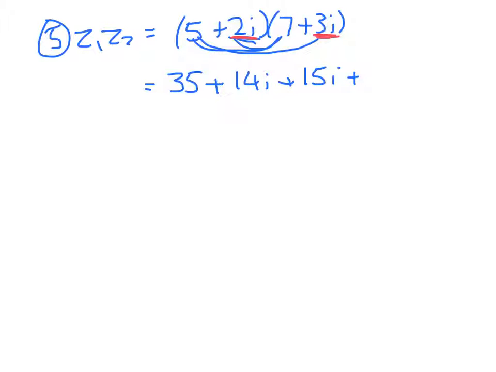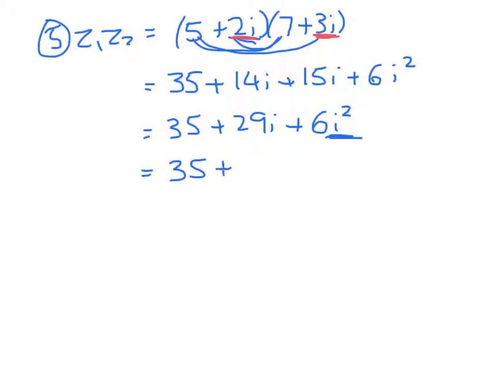So here comes the cool, slightly weird bit, 6i squared. Now we look at how we can simplify that. At first glance, you're going to see that you can go 35 plus 29i plus 6i squared. Right? But we're not done yet because i squared is negative 1. So that's really 35 plus 29i plus 6 times negative 1.